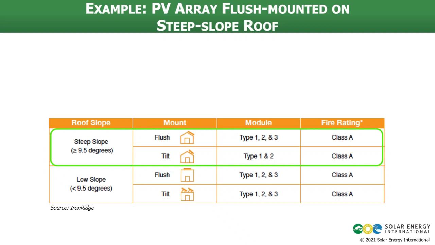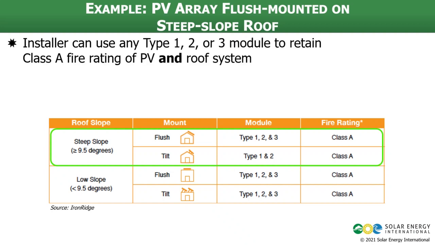Again, that's a roof slope that's above a 9.5 degree slope. Looking at this chart, we can see that the PV installer can use any type 1, 2, or 3 module to retain a Class A fire rating of the PV module and the roof system.